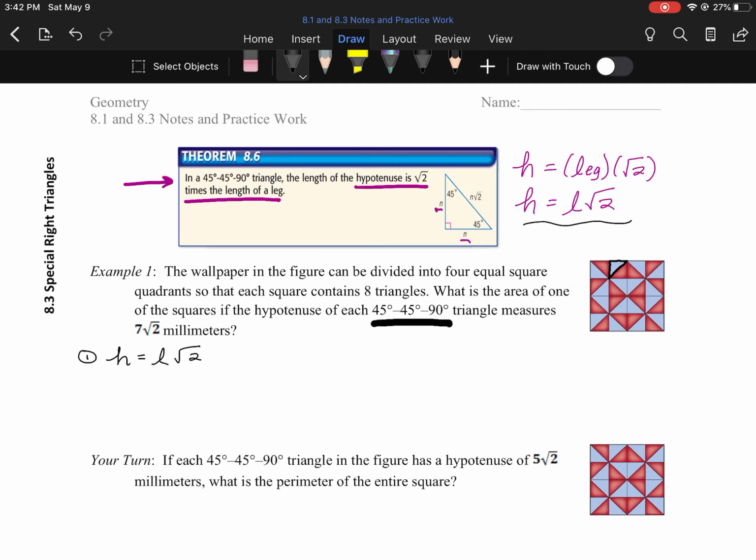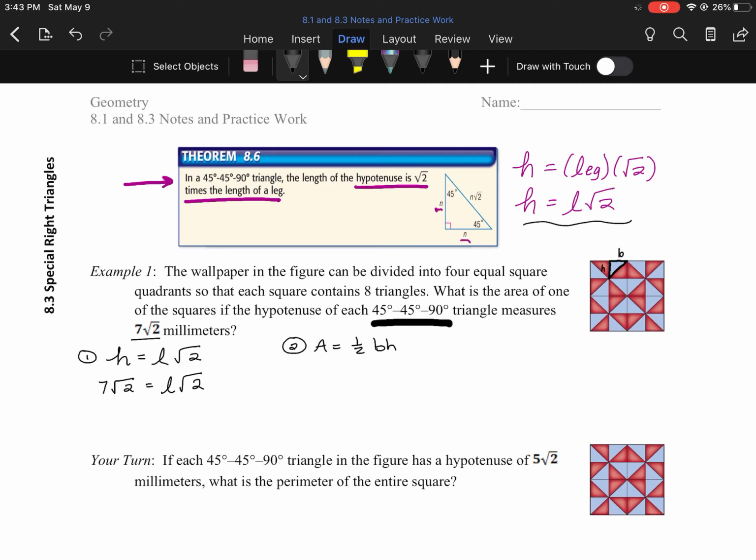So the hypotenuse in this case was 7 root 2. So I'm going to replace H with 7 times the square root of 2, and then my leg times the square root of 2. To get the length of the leg, and maybe I should tell you why we need the length of the leg, because for the area of a triangle, it's 1/2 base times height.